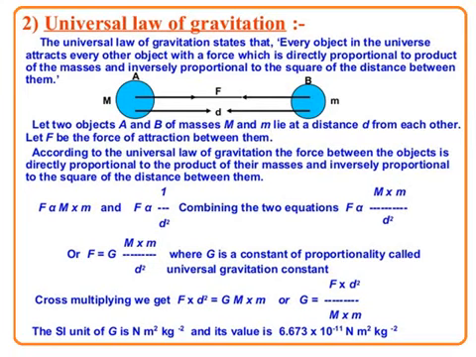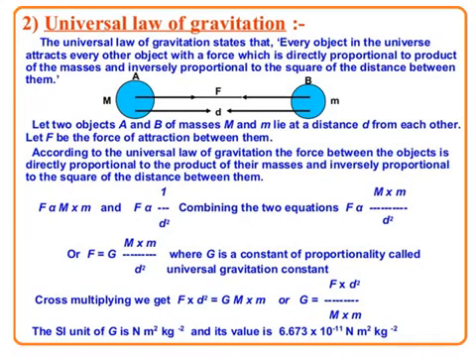So when we do the mathematical calculations, we get F is equal to G into capital M into small m divided by d square. And when we calculate, G roughly comes to 6.67 into 10 to the power minus 11.